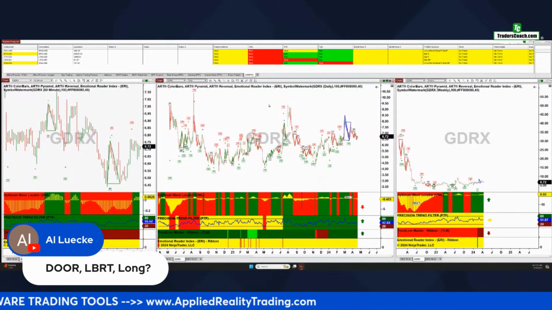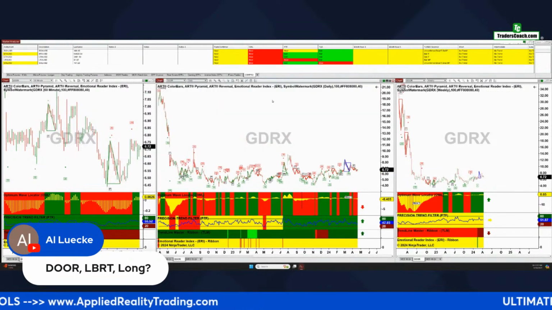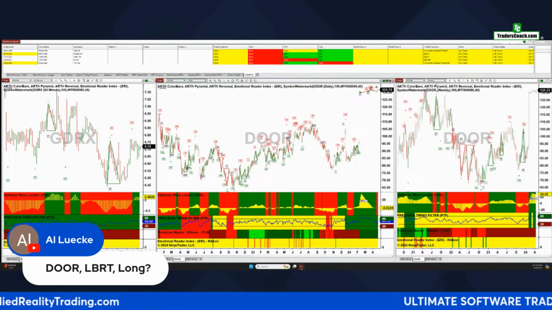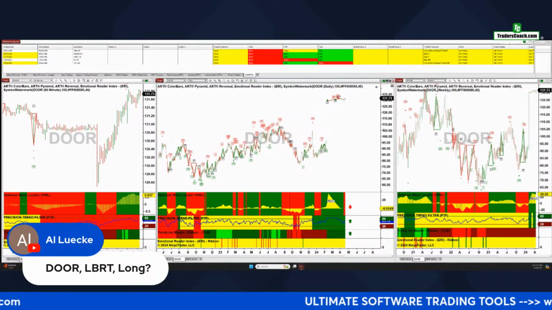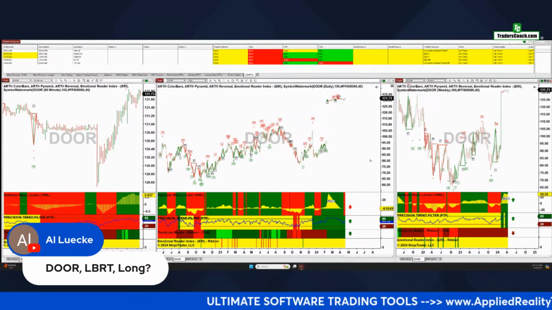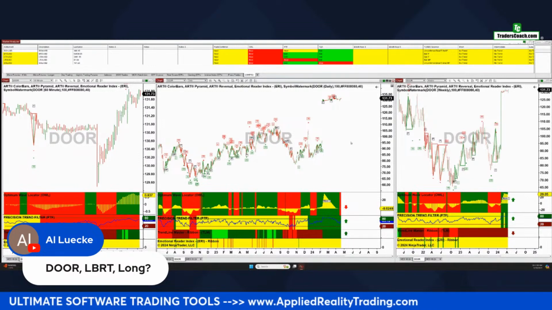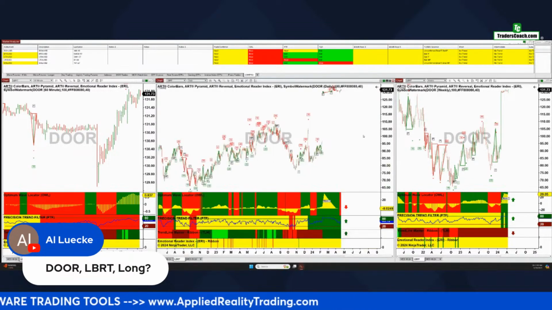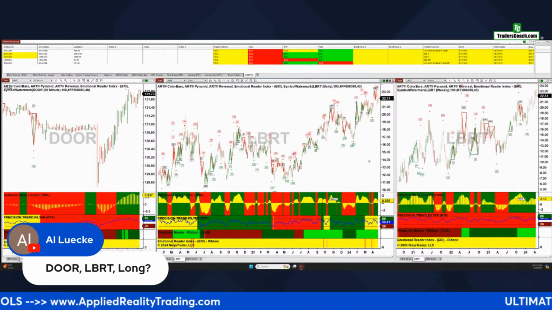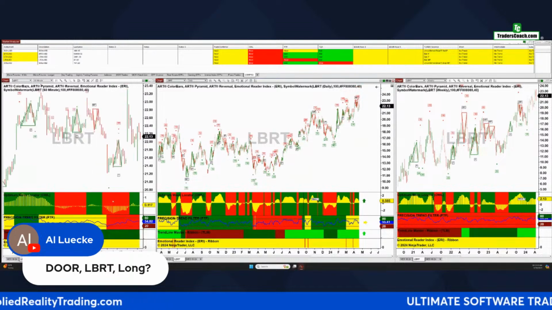Hal is back with DOOR, D-O-O-R. Okay, it's gapped up already. No, don't touch it, okay? LBRT, only because gaps have a tendency to fill, and also we had some red on there.